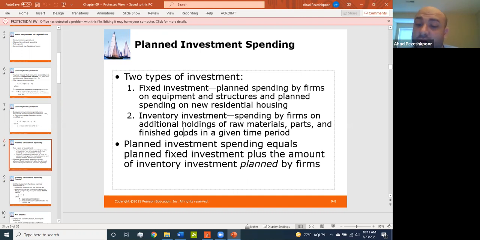That's also inventory investment. Planned investment spending equals planned fixed investment plus the amount of inventory investment planned by firms.